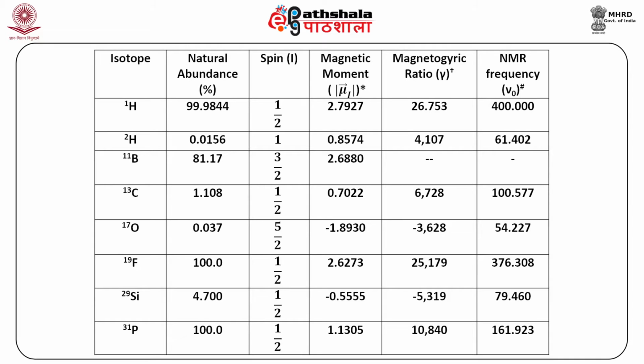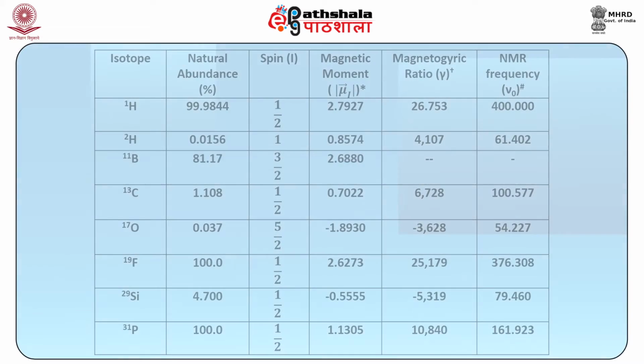The frequency in a field of 9.39 Tesla is also different, and you also have many other magnetic nuclei like boron 11, carbon 13, oxygen 17, fluorine 19, and also silicon and phosphorus, and all of these will show NMR spectra, but at different frequencies.